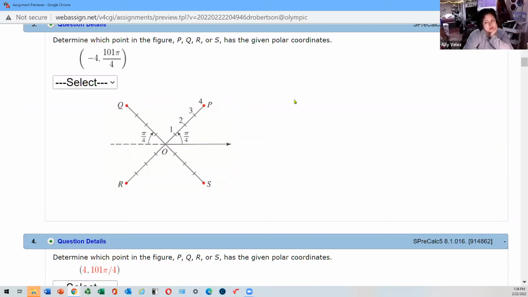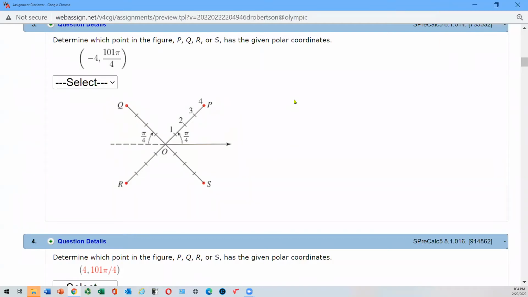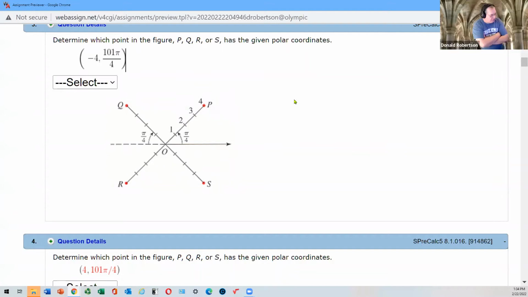Don't need to know the answer because you might not be able to do it in your head, but how would you do it? You'd subtract 2 pi until you got in between 0 and 2 pi. Okay, right. Let's suppose I did this. How would I take care of the negative 4? I would look at the point P because it goes up to 4 and then just reflect over.